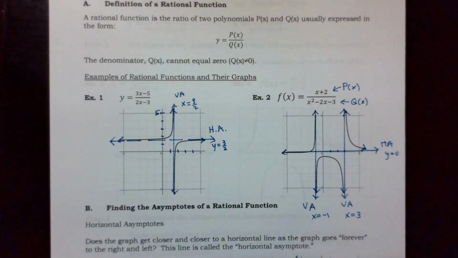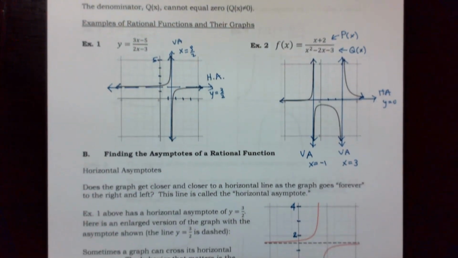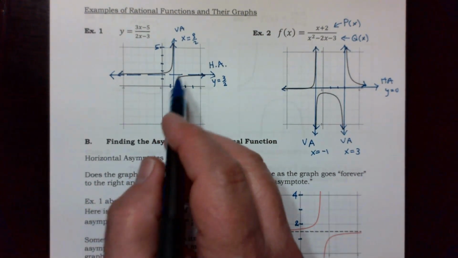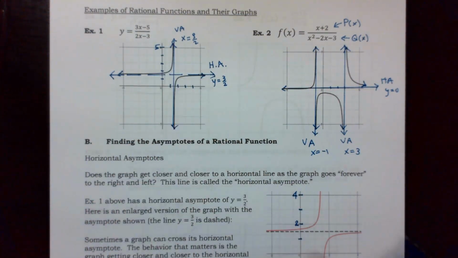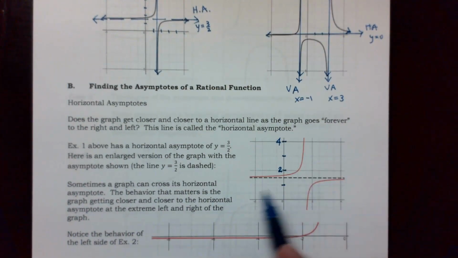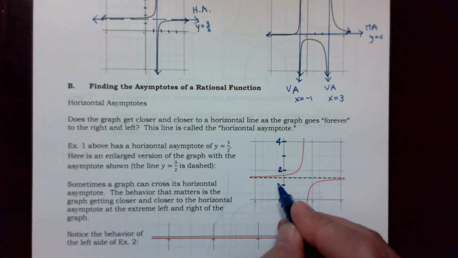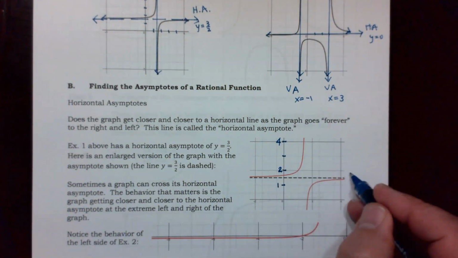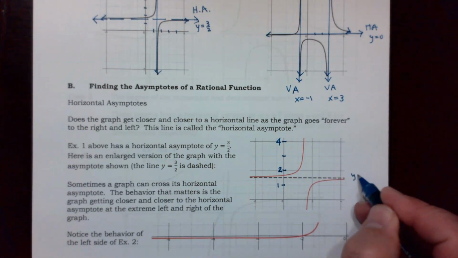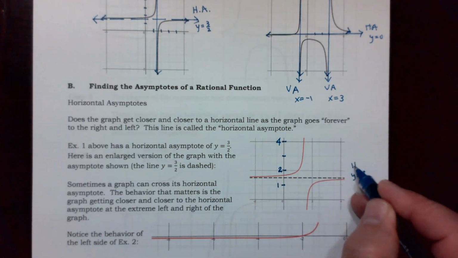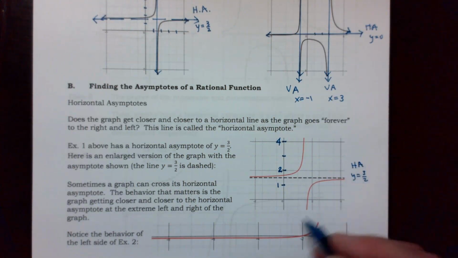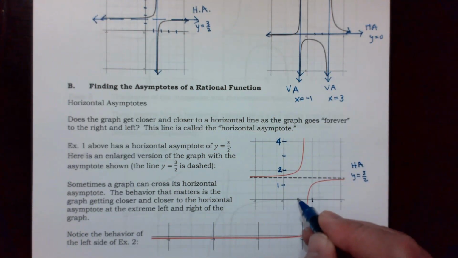Okay, so I'm going to show you kind of an expanded picture of this part right here of that graph, and you'll see it right here. So our horizontal asymptote, as we said earlier, was y is 3/2. Okay, that's your HA. And this is 2 and this is 1.